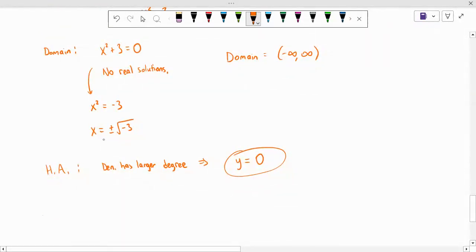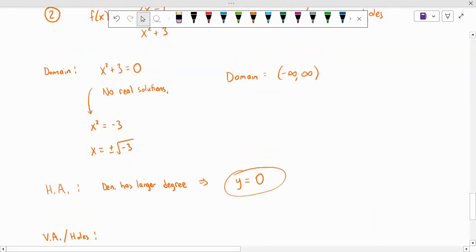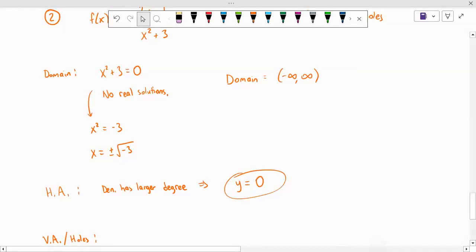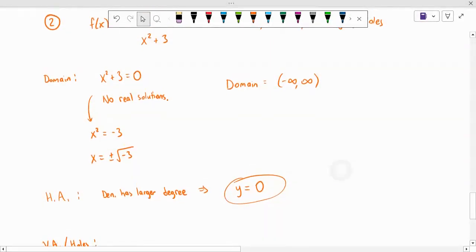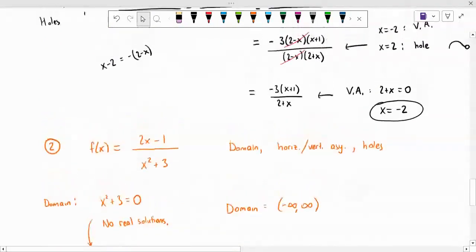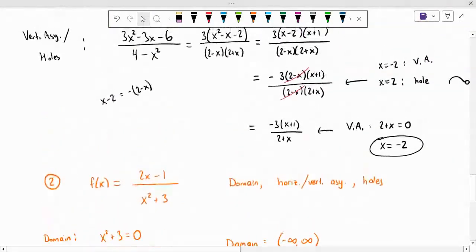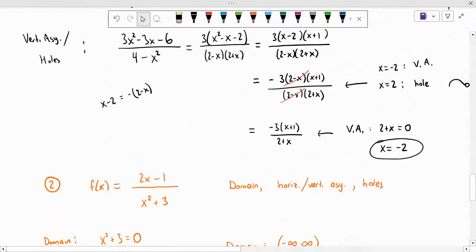And then I guess what about the vertical asymptotes and the holes for this example? Okay, so remember that vertical asymptotes or holes, right?